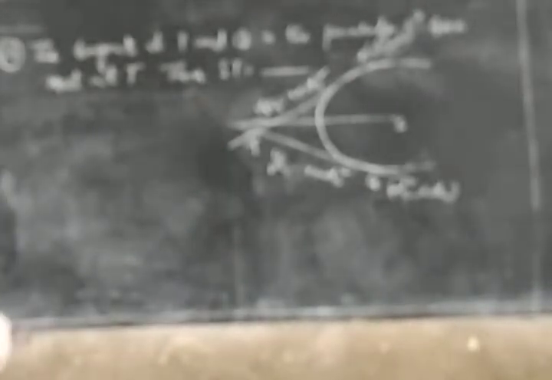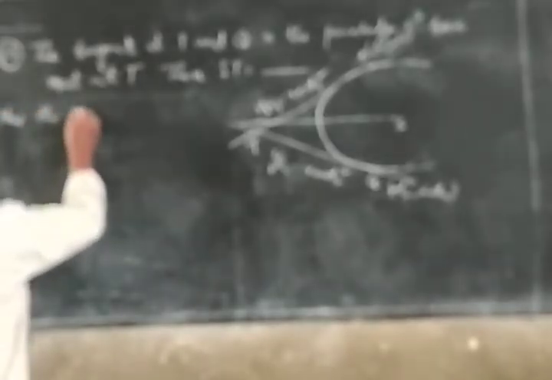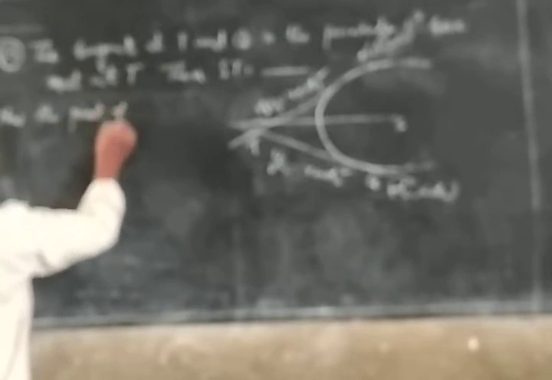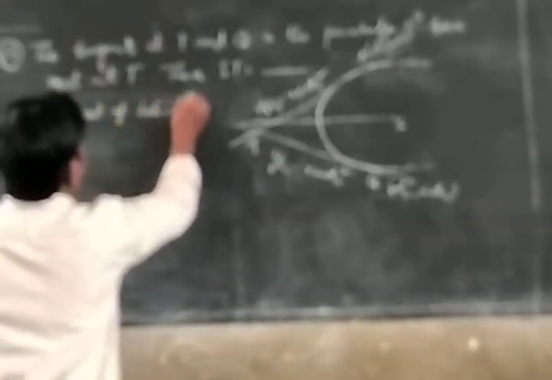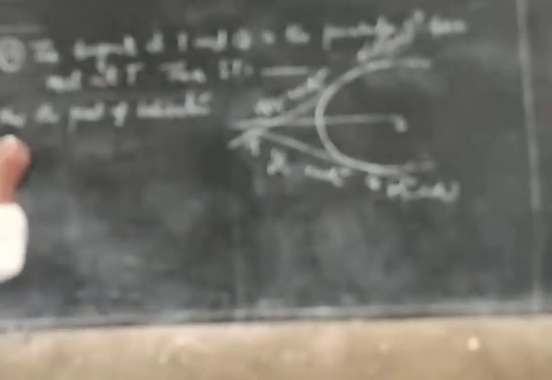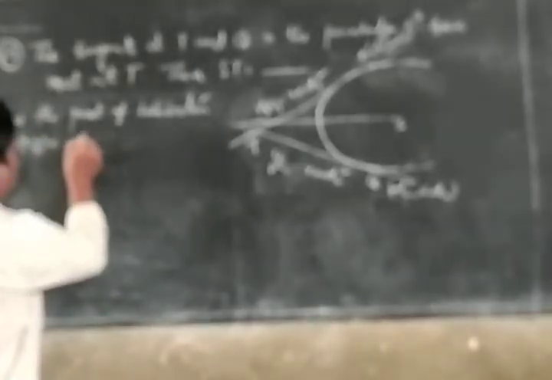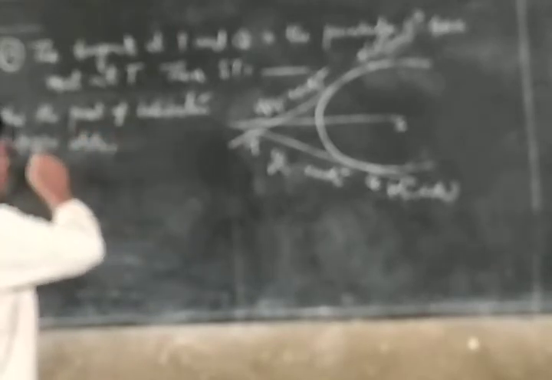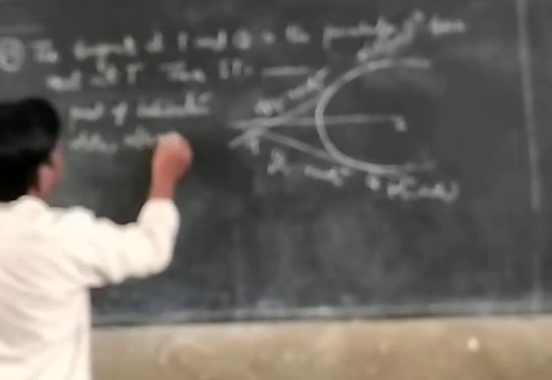So the point of intersection T, x comma y, equal to x value a t1 t2 and y value a into t1 plus t2.